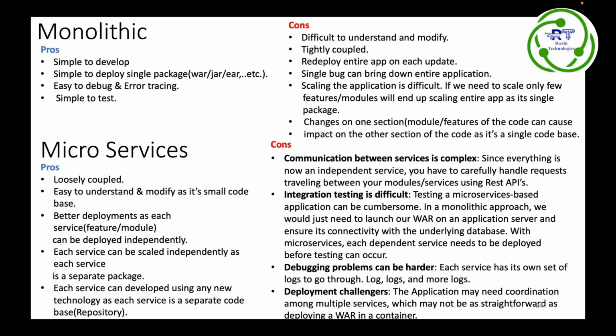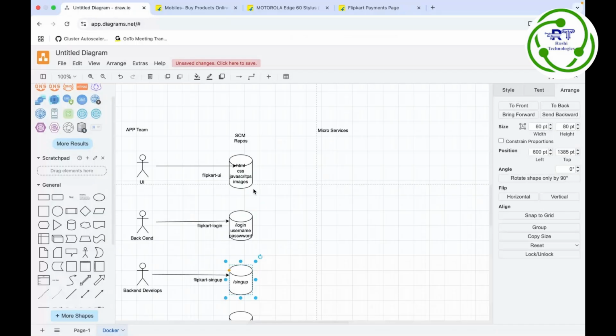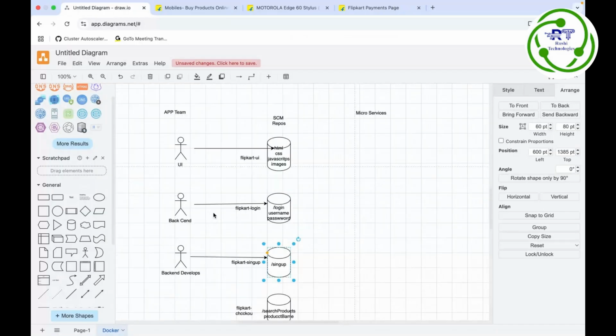Here again, each service can be developed using any new technology, because it's a separate code base. What I am trying to say is, suppose you have Python developers, you can develop this login-related microservice in Python.